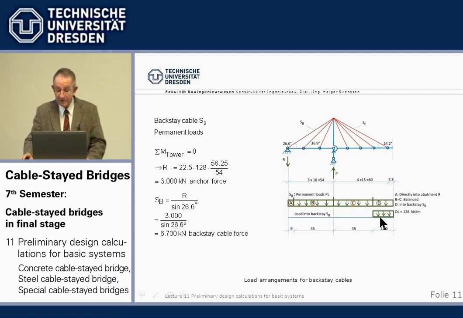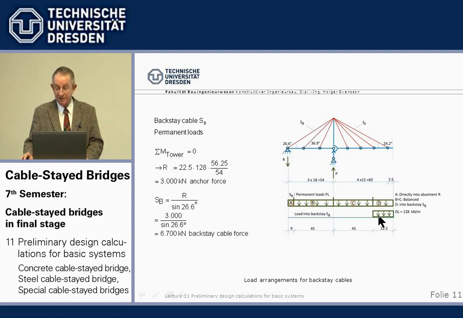Now, how do we calculate that? Very simple. We have a simply supported system with a cantilever, and we want to calculate this vertical reaction here in order to be able to calculate the cable force. Now we build the moments, sum of moments around the tower to be 0, very basic support reaction calculation.